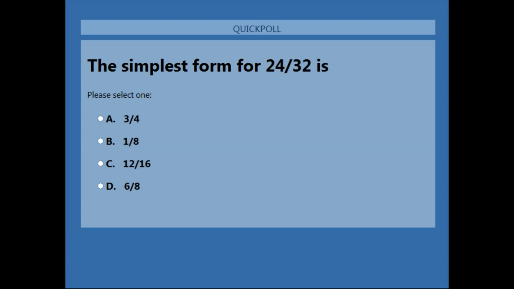Remember, we want the simplest form, not just an equal fraction to 24 over 32. We want the most reduced fraction to 24 over 32. Which one is that?